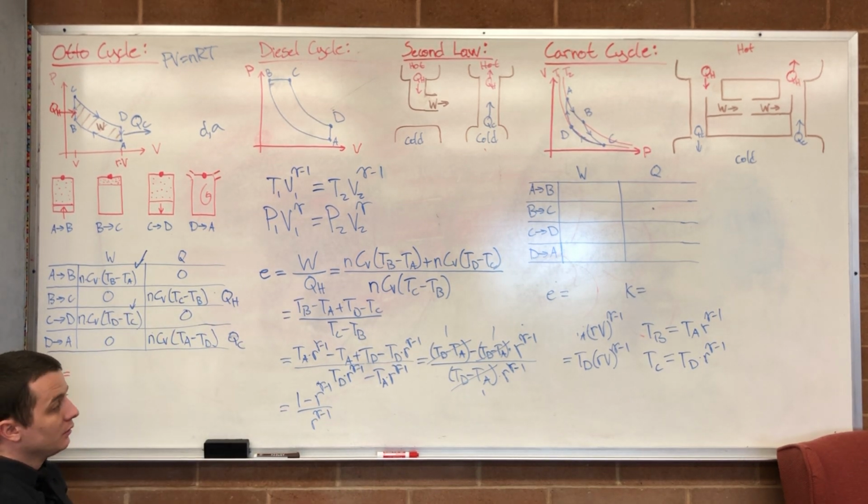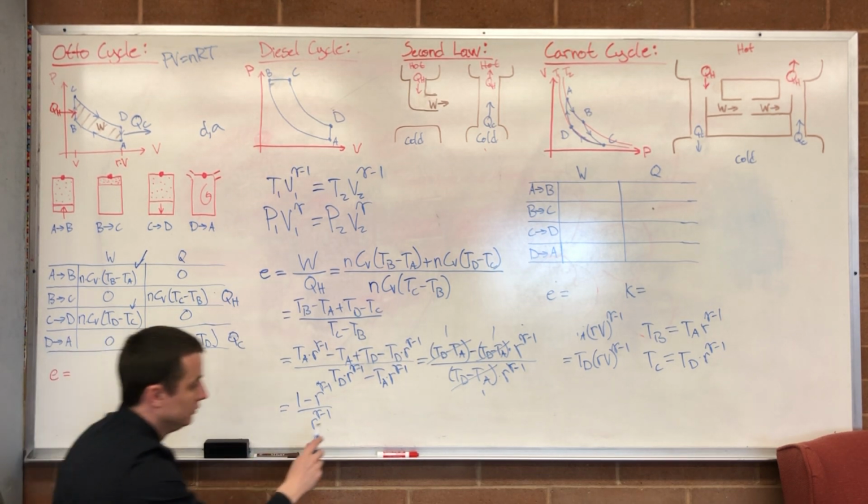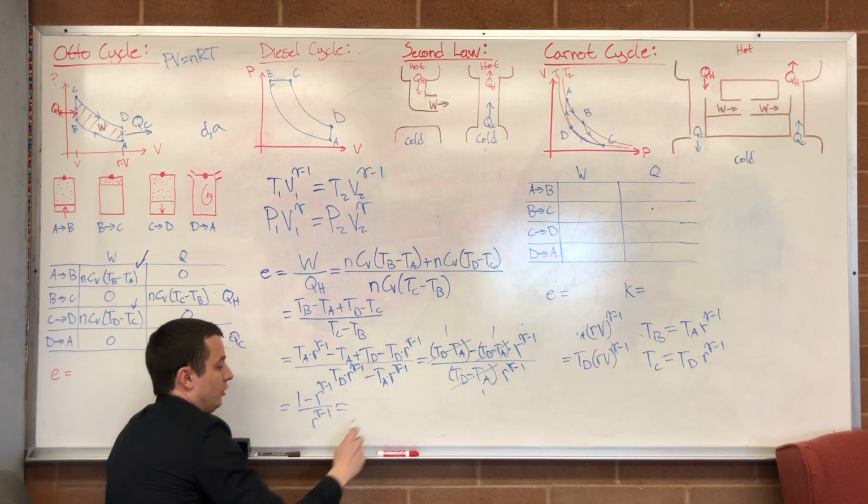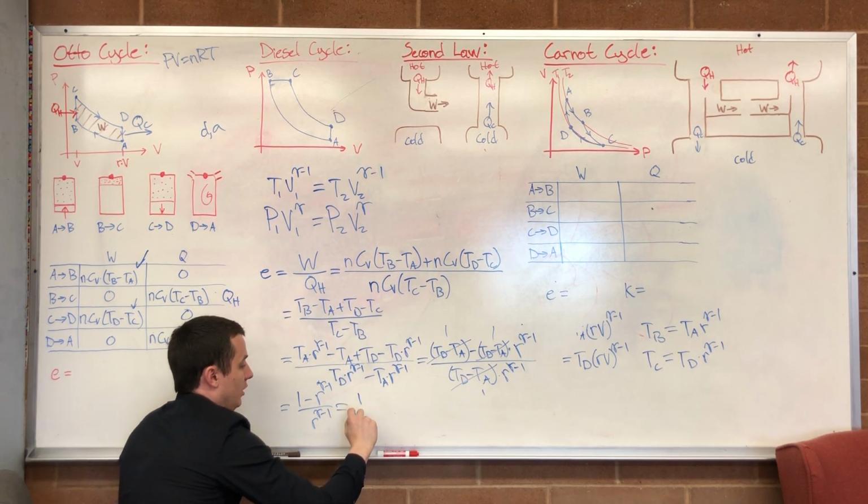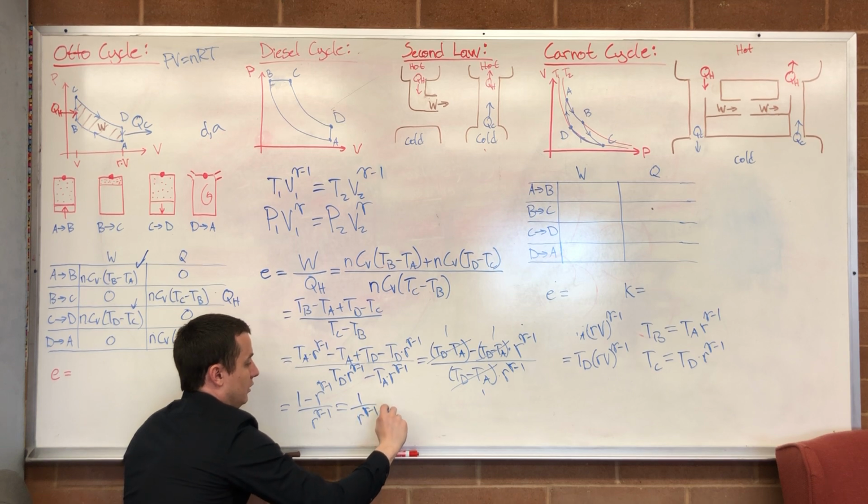Can't you do 1 minus 1 over r to the gamma minus 1? I can write this as two separate fractions if you want. So we can also write this as 1 over r to the gamma minus 1 minus 1.